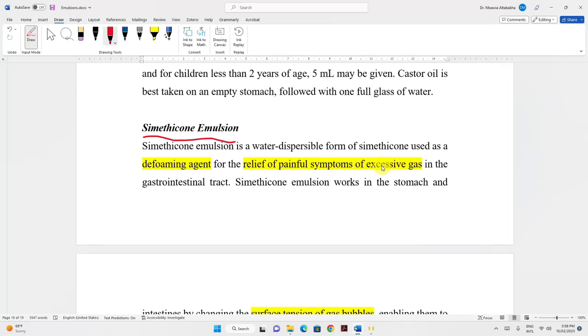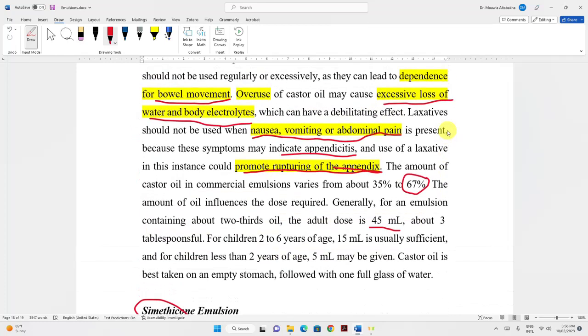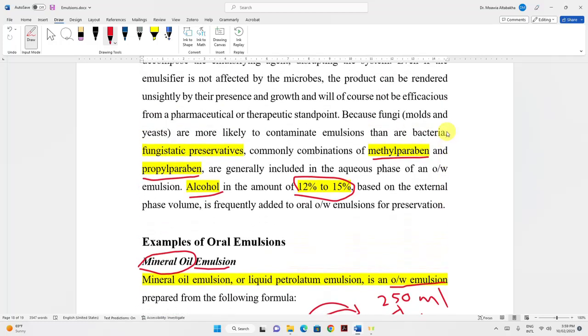And what can we do? We can administer simethicone emulsion, because simethicone itself can be considered as a surfactant, and this type of surfactant is anti-foaming. Okay, anti-foaming, and it prevents the formation of foam bubbles.